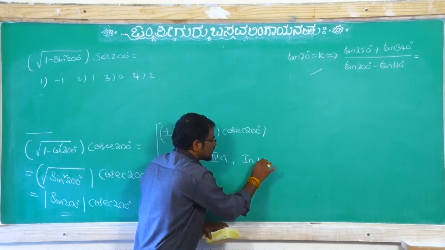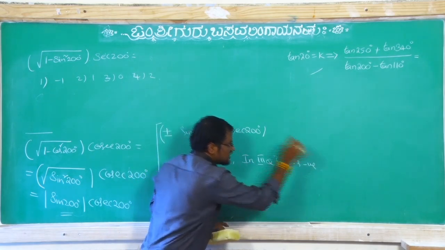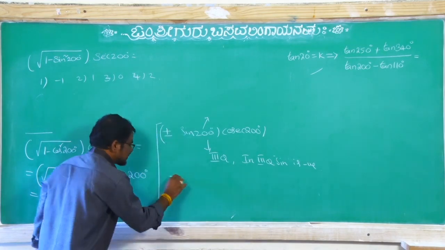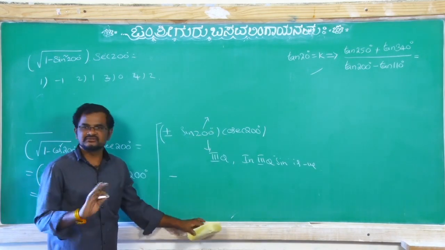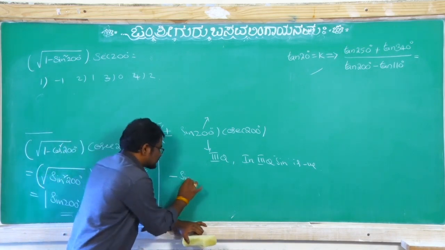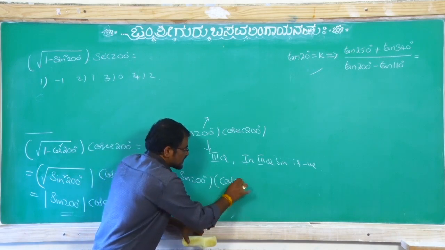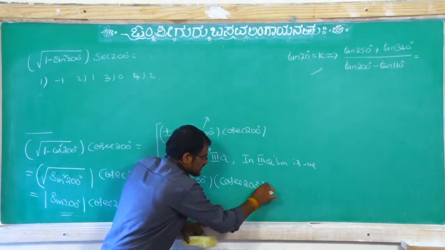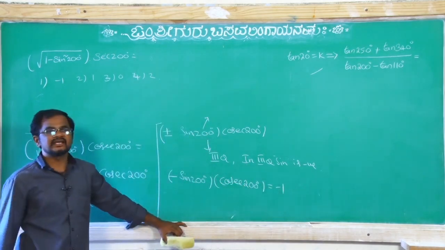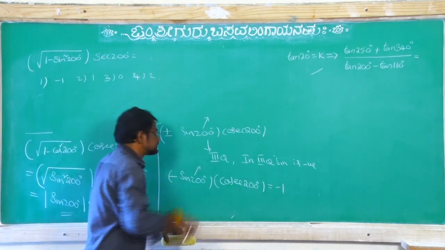In the third quadrant, what about the sign? Sine is negative. So definitely we have to take minus: minus sine of 200 degrees into cosecant of 200 degrees, which is equal to minus 1. Like that you have to follow. That depends on this. Next.